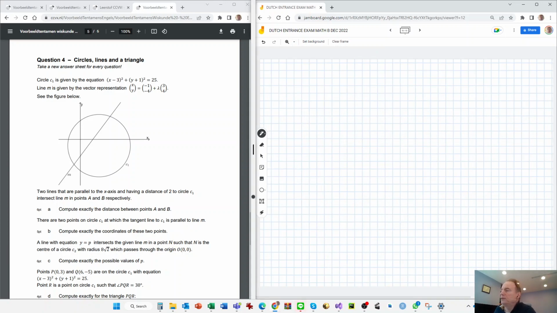So let's try to draw this. We have a line M and say we have a line y equal to p.